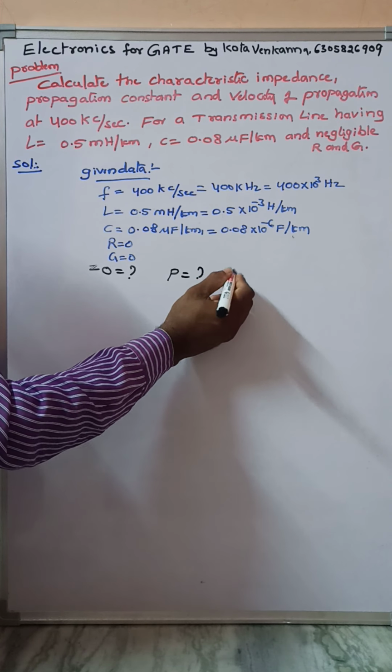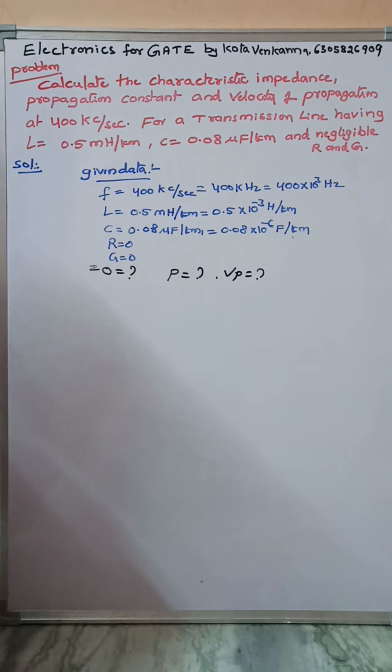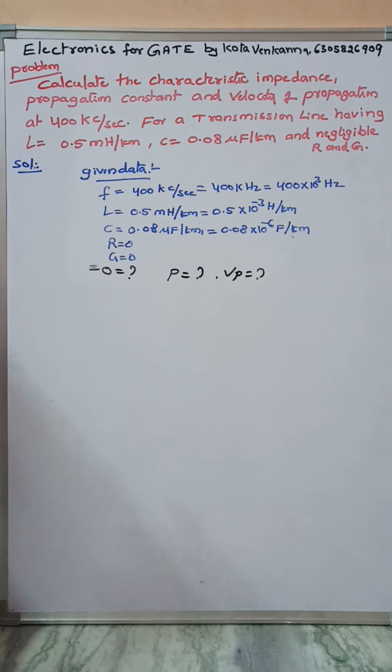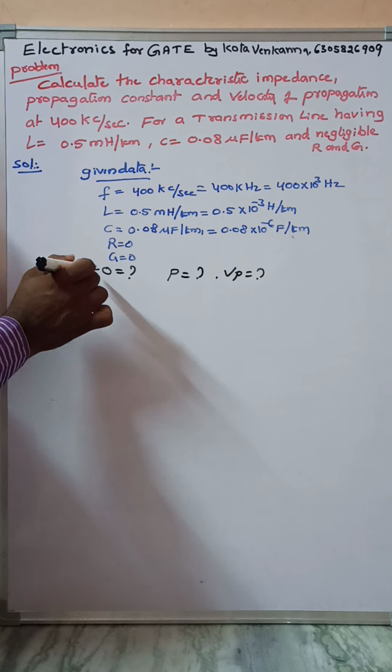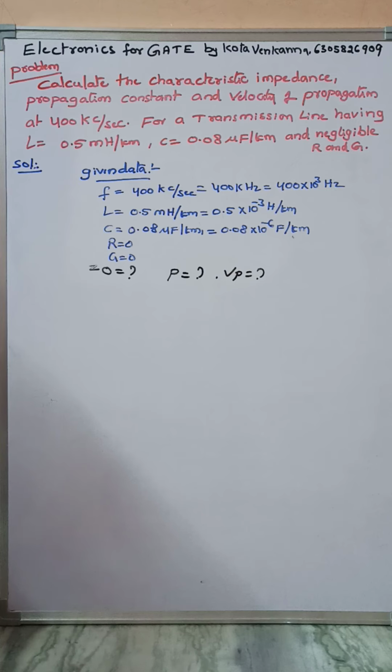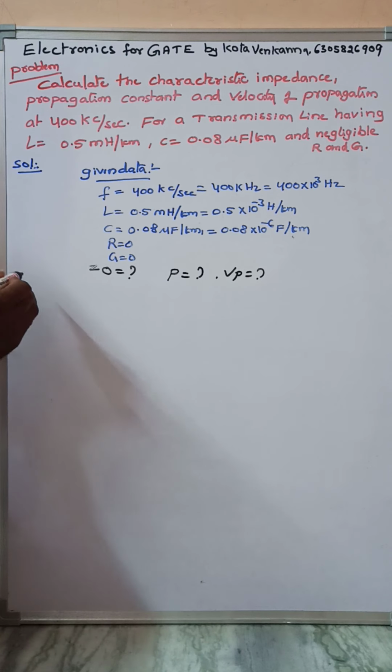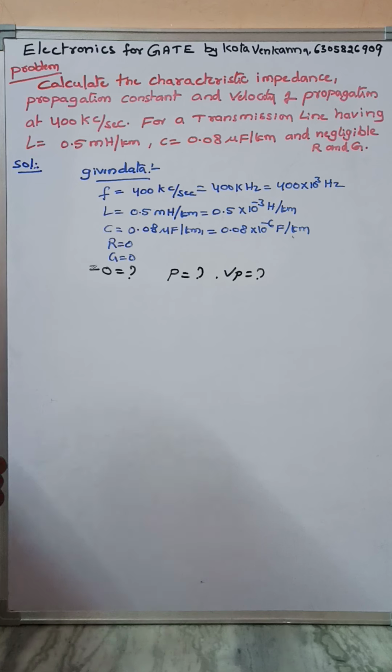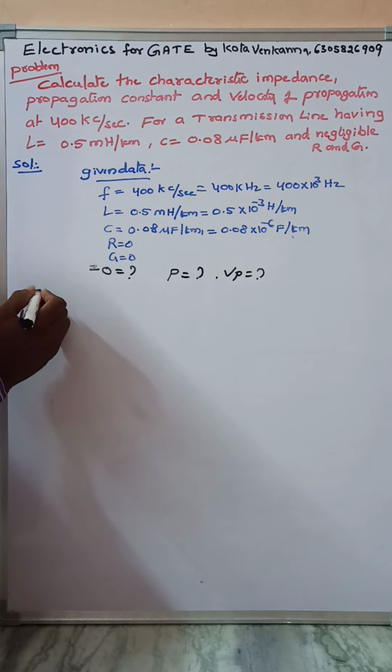For solving this problem, we have to know the relation between the determining values and given values, that is, the formulas. Without knowing the formulas, it is very difficult to solve the problems. So first of all we have to calculate the characteristic impedance Z0.